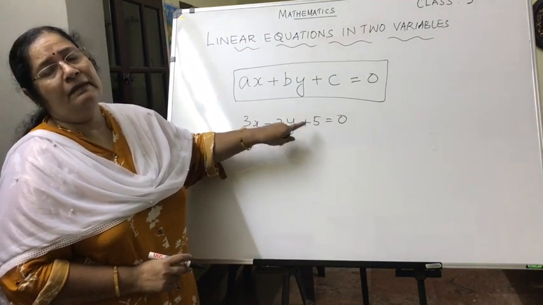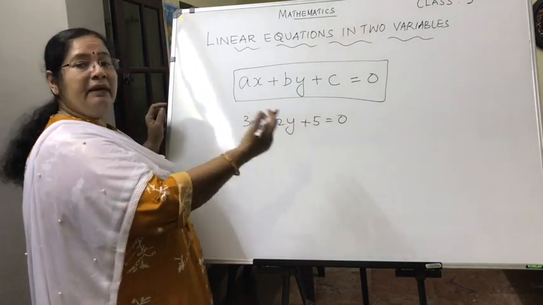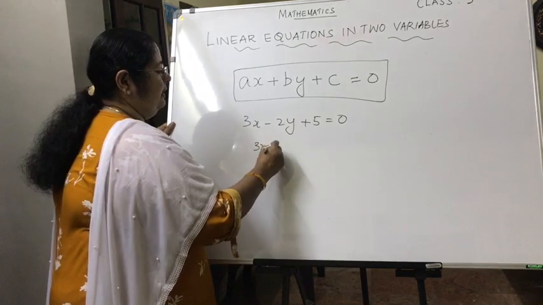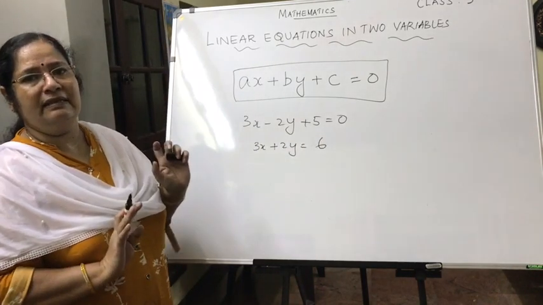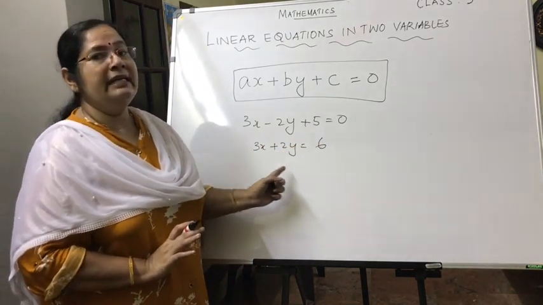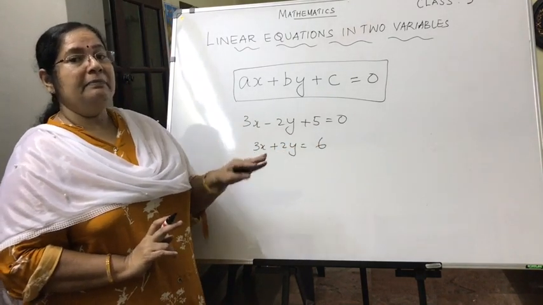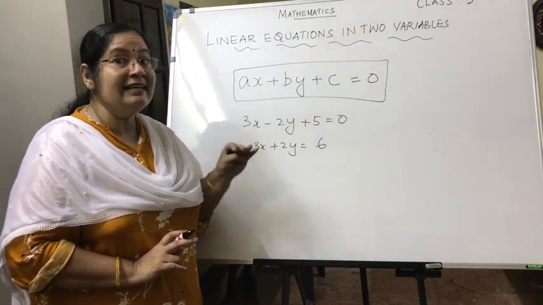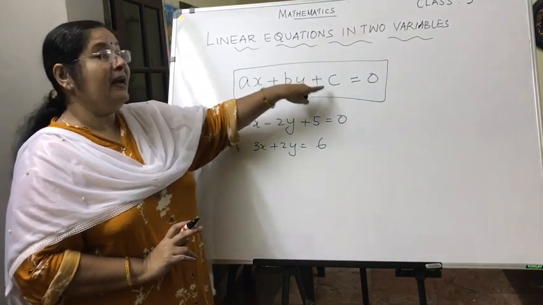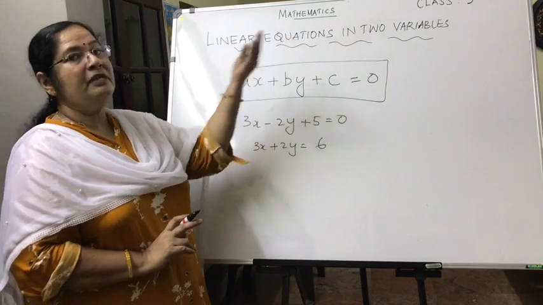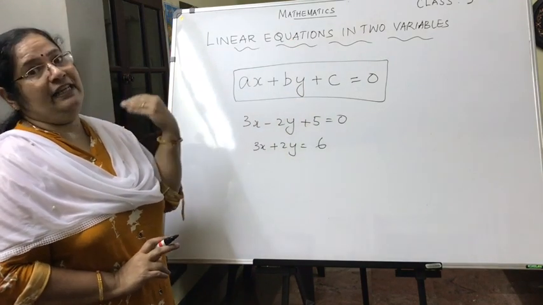Now sometimes the equation may be written like this: 3x plus 2y equals 6. This is also a linear equation in two variables but not in the standard form. The standard form is ax plus by plus c equals 0, where the constant term is also on the left hand side.